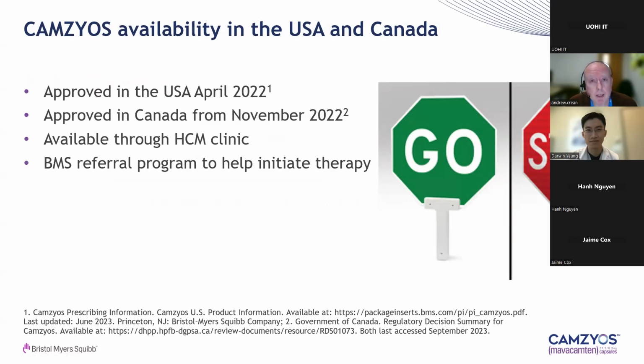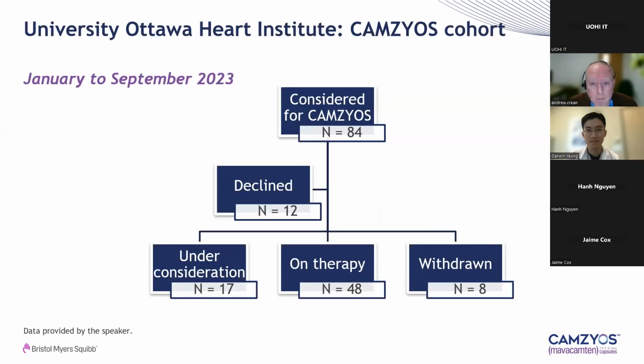So just over a year. We were very fortunate in that BMS were very supportive, for obvious reasons, in helping us to get patients started on therapy, and actually did a fair bit of the administrative work in the first instance, which really allowed us to pick up speed quite quickly and get a number of patients on after being seen in the clinic.